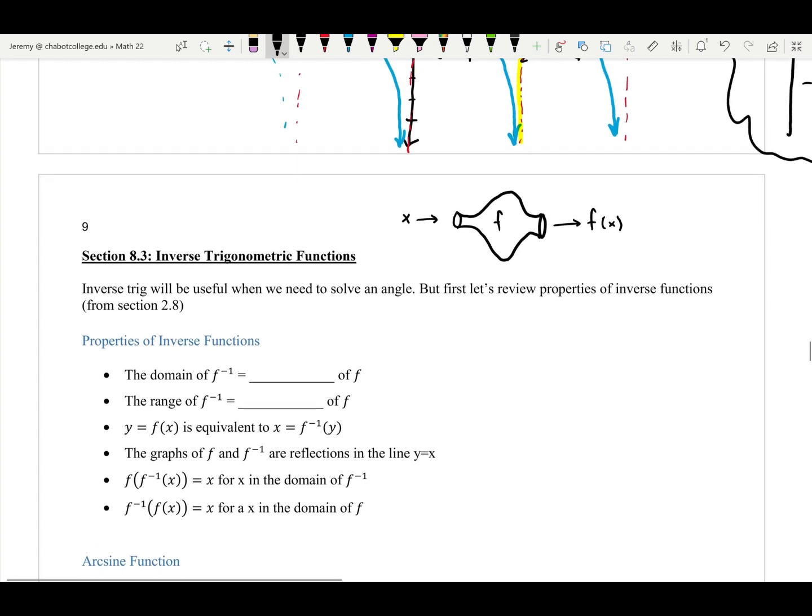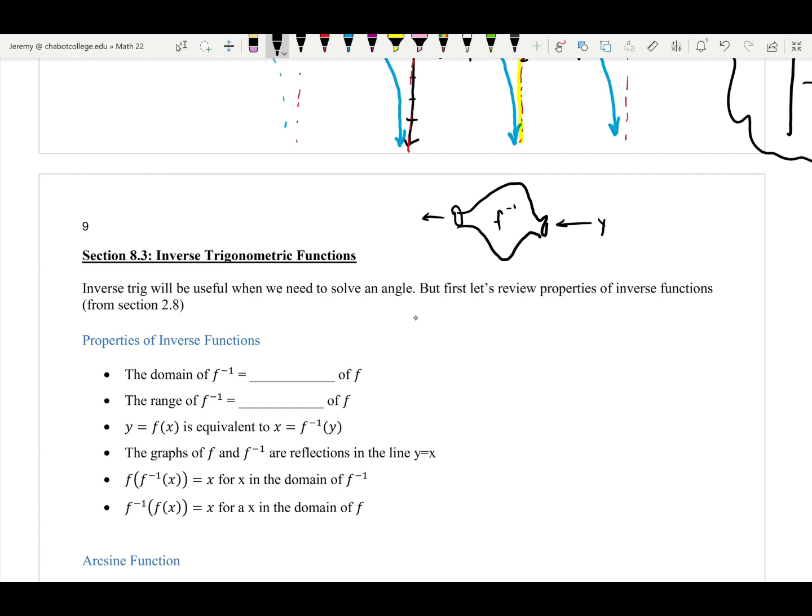Recall that we can actually take this machine and put it in reverse, but it's going to change what we call this machine. If we change the direction of this machine, we're going to call it f inverse. And we're going to be putting in values of y. So these are like what used to be the output of the function.